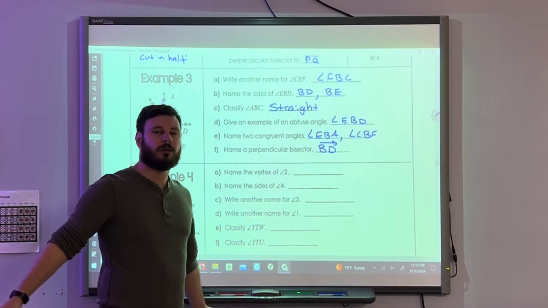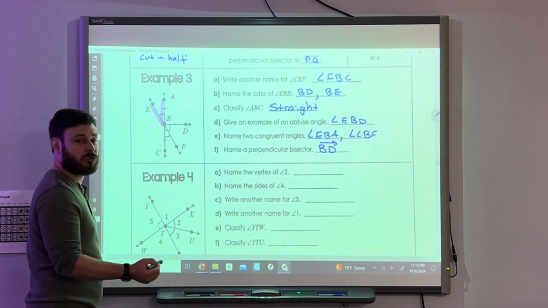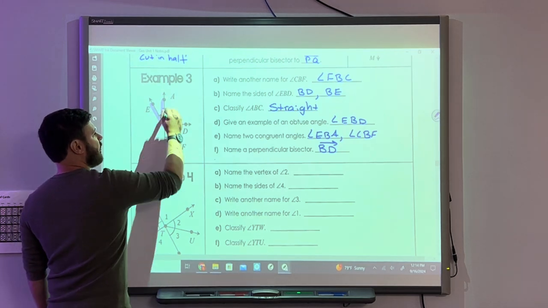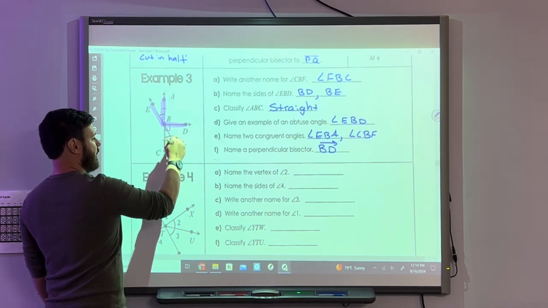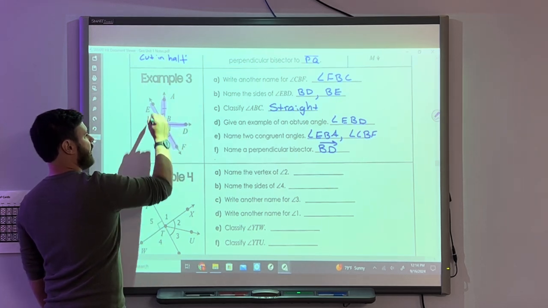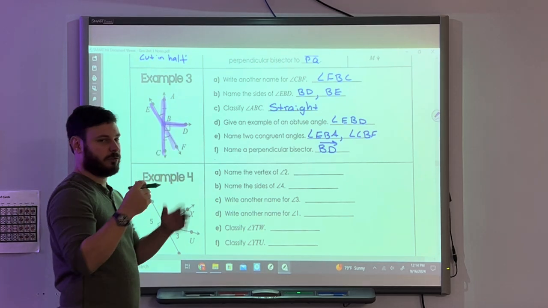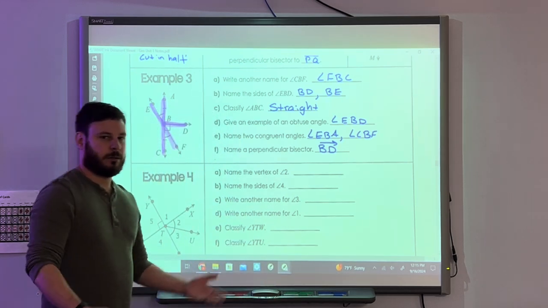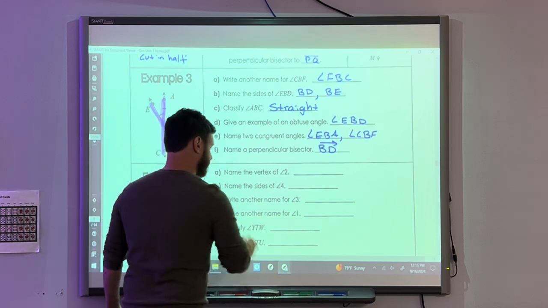The other page said I can do that, but you can't, because B, the vertex, belongs to so many more angles. There's EBA, sure, but there's also ABD. There's DBF, there's CBF, there's EBD, there's CBA. There's so many angles here. So if you simply just say, hey, I'm talking about angle B, that doesn't narrow it down. In a situation like this, you have to give me the 3 letters.